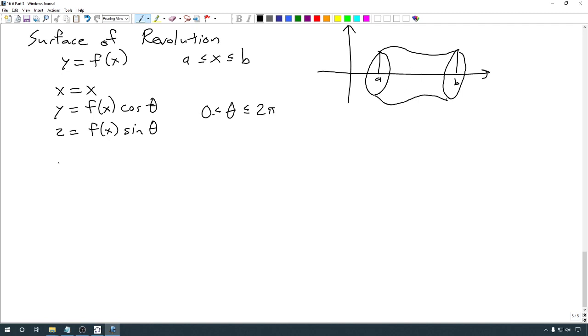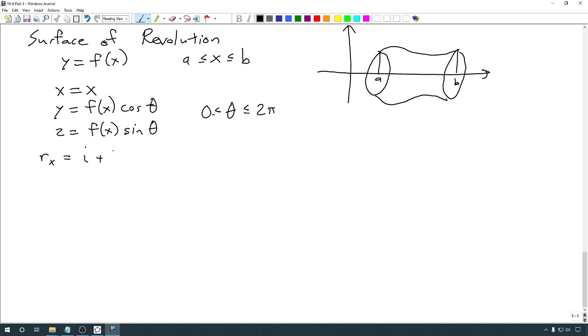We can go ahead and differentiate, so keep in mind these are the components of r. R is going to be x i plus f of x cosine theta j plus f of x sine of theta k. If we differentiate that with respect to x, of course, the first component here just turns into an i.